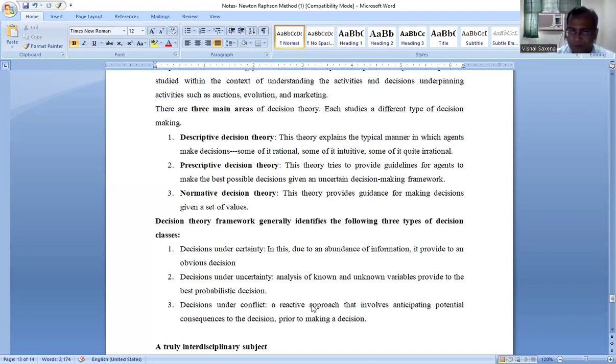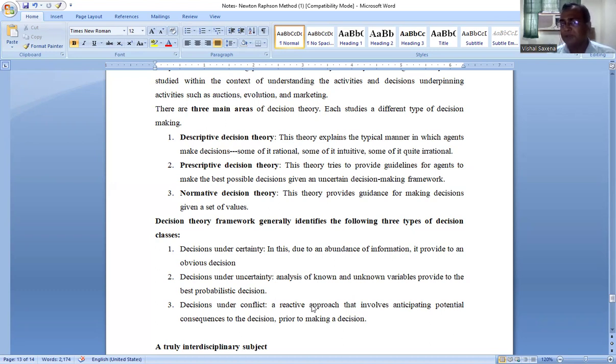The first one is decisions under certain conditions, and in this, due to the abundance of information, it leads to an obvious decision, because for the researcher certain information is available. If certain information is available for the decision maker, then definitely the decision made by him would be quite good, because it is made with sufficient information.